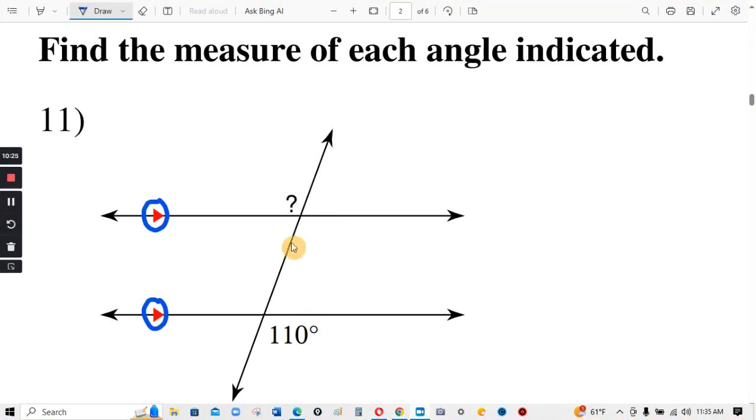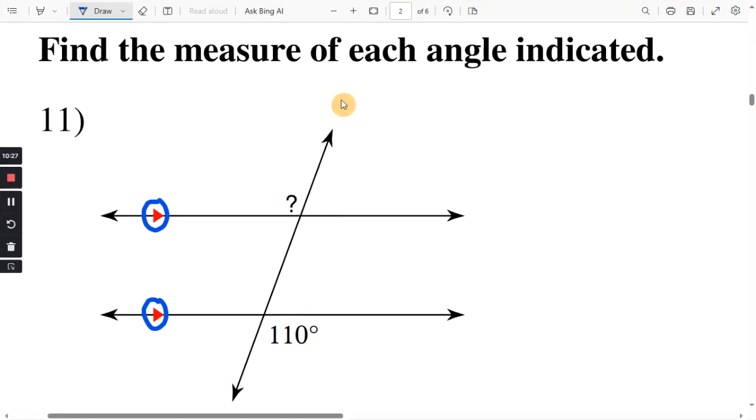This right here is your transversal T, and we're looking at this angle here and this angle right here. Both of these angles are outside of the parallel lines, so these are going to be exterior.